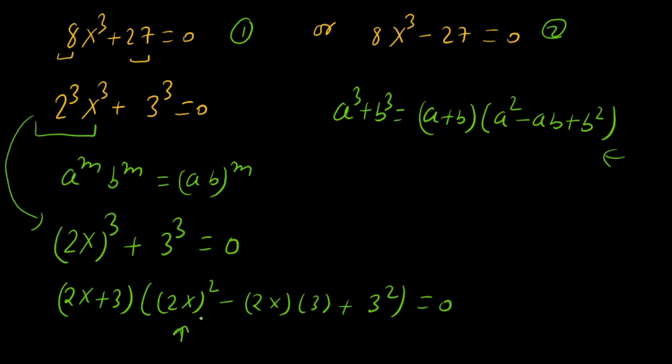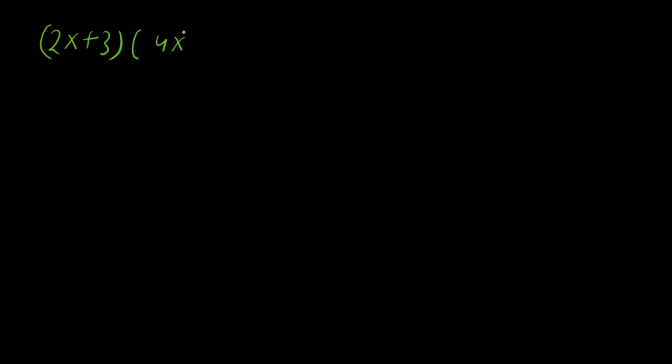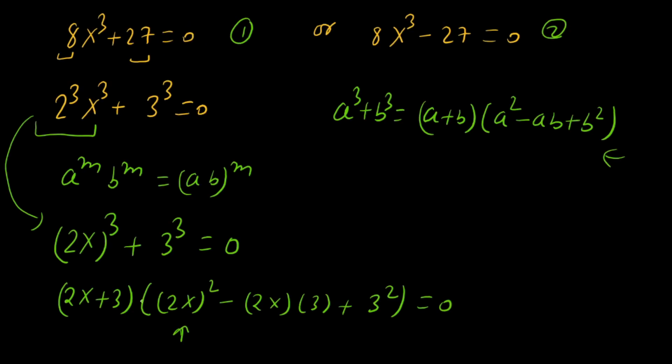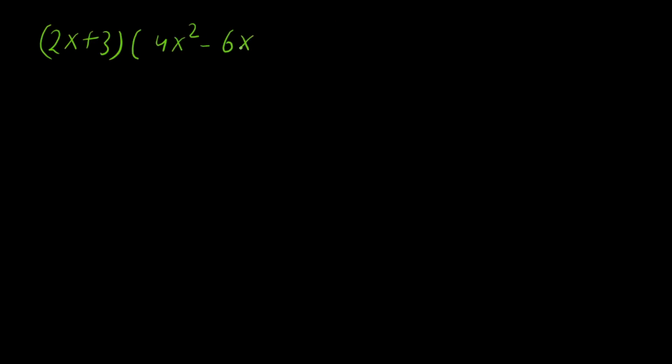Here (2 times x plus 3) is multiplied by (2 times x power 2 is 4 times x square, minus 2 times x into 3, that is minus 6 times x, plus 9), and this equals 0.